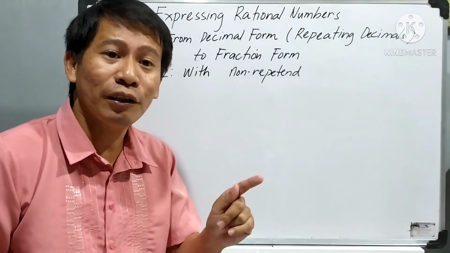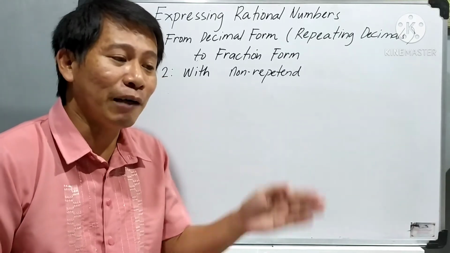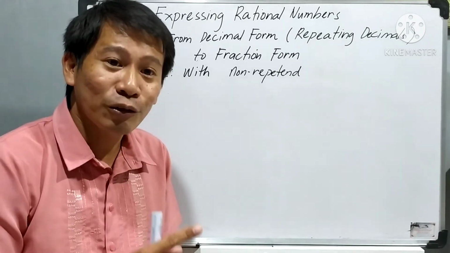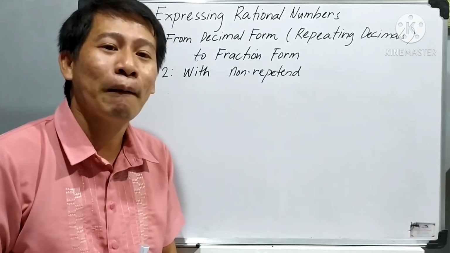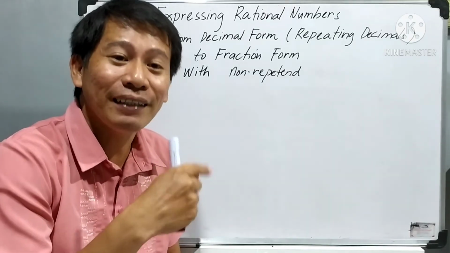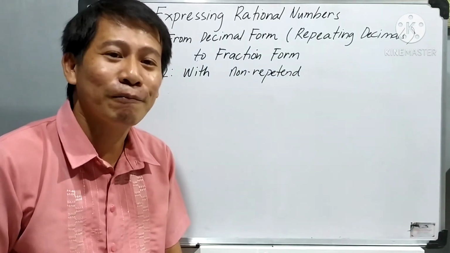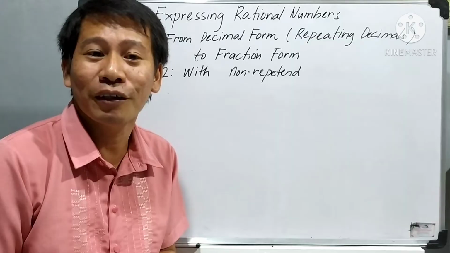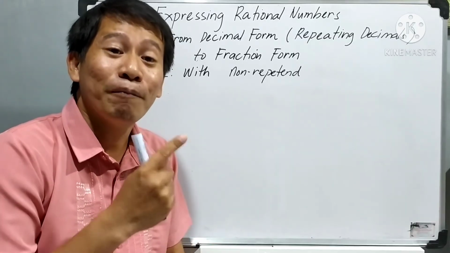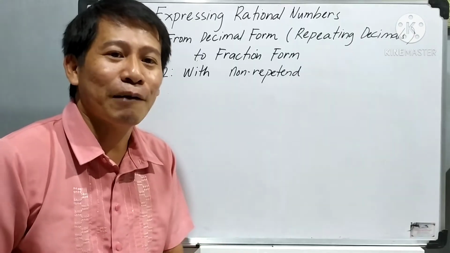So, pinaka-numerator, yung mismong repeating digit. At ang denominator is 9 kung isang repeating digit. Pag dalawa ang repeating digits, anong denominator? 99. So, alam niyo na po, kapag katatlong digits ang nagre-repeat. So, what will be the denominator? 999.